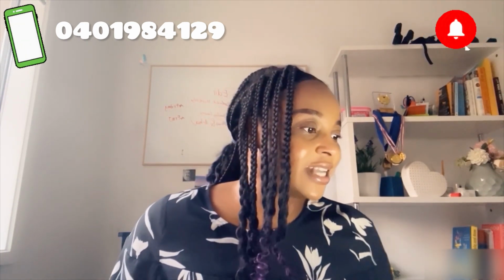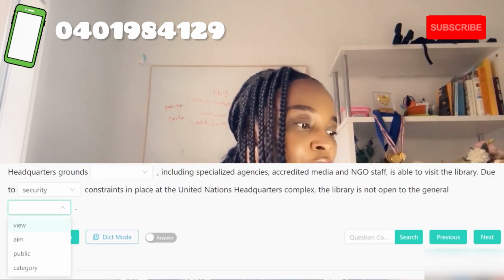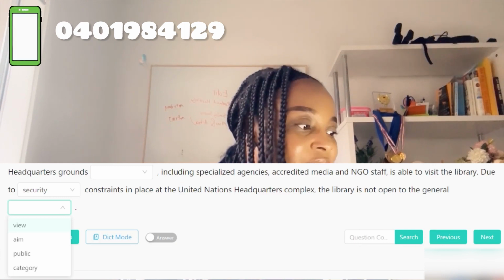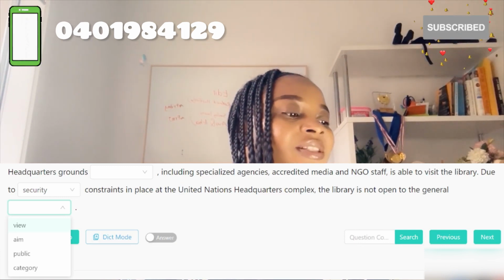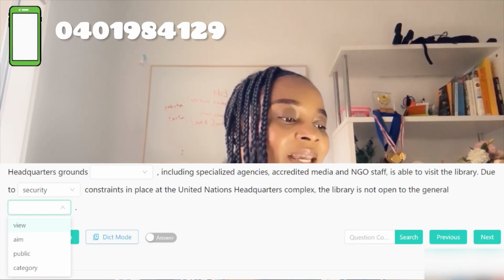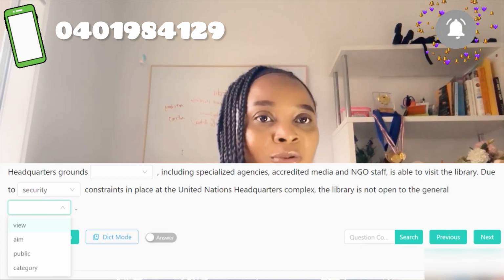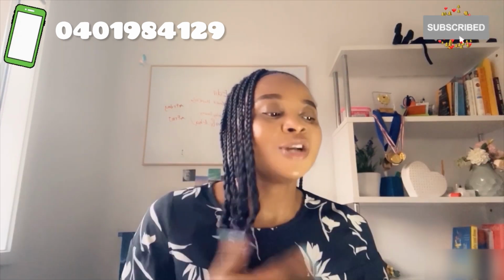So let's say this is one question here. It says, due to security constraints in place at the United Nations headquarters complex, the library is not open to the general, and then you have different options like view, aim, public, category. Of course, you know the best option there will be public, because we know that general will always go with general public, not general view.